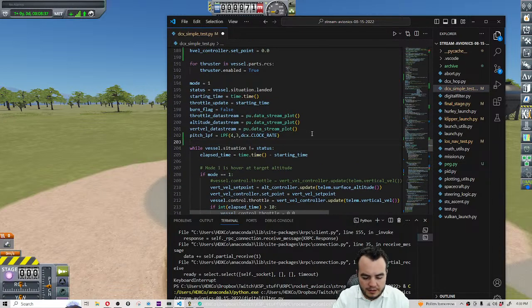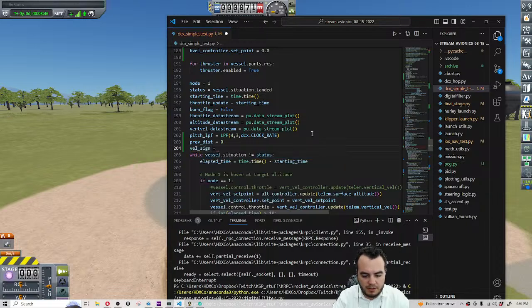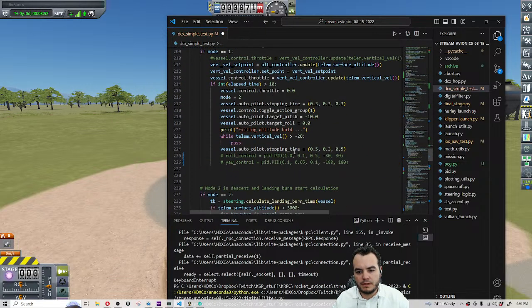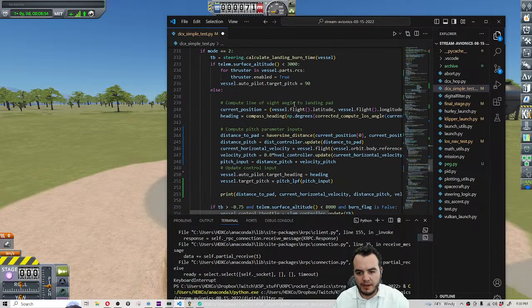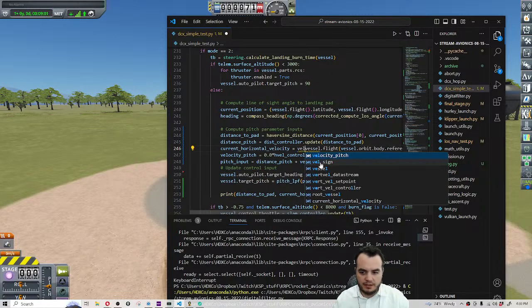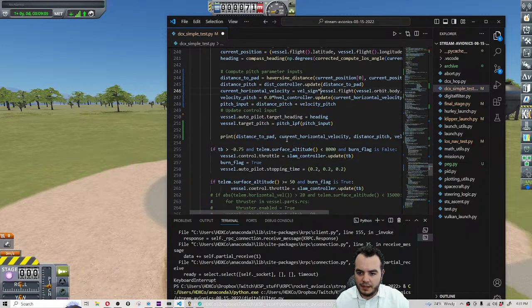Let's do previous distance is going to equal 0, and then we're also going to have velocity sign is going to be equal to -1. Okay, so that means here we actually want our current horizontal velocity to be the velocity sign times that, and then do it down here.